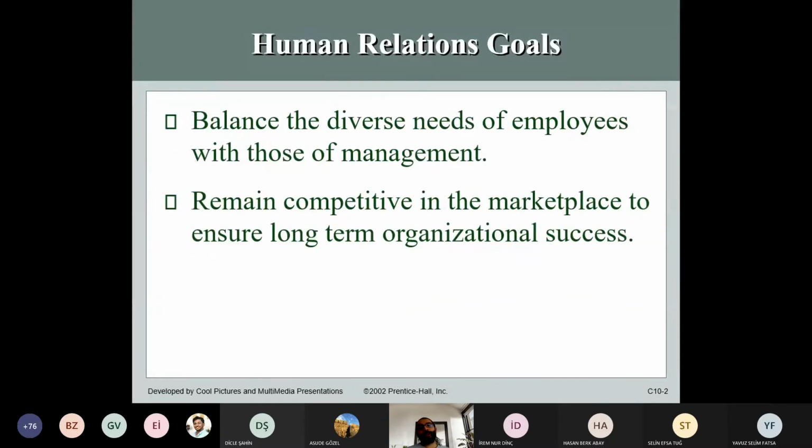So, what are the human relation goals, the basic goals? First of all, every employee has some needs in organizations, right? I mean, they don't just come and work for you just for money. They may have some additional emotional needs, social needs, right? So you need to create an environment in business that also fulfills these needs. Not only giving them wages, not only giving them salaries is enough.